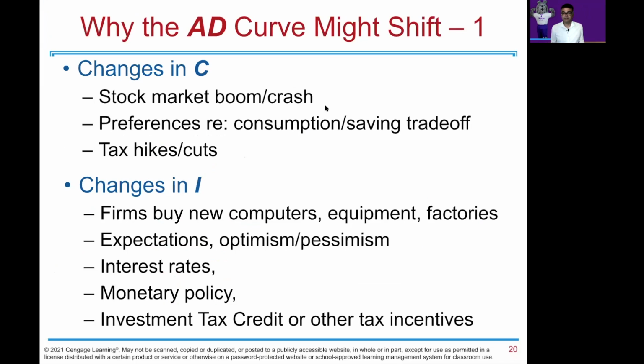Expectations, optimism and pessimism: if you think there will be higher demand or the economy will recover from a recession, then people will produce more and invest more. Again, interest rates, we know it, the monetary policy we discussed before. Investment tax credits and other tax incentives, we talked about before, and how they could change your investment.